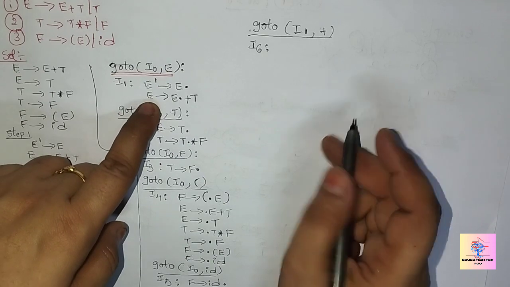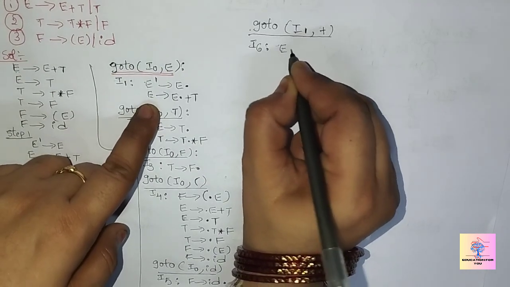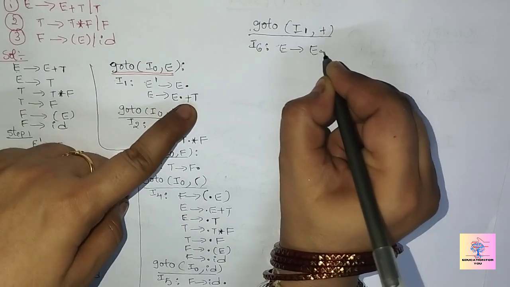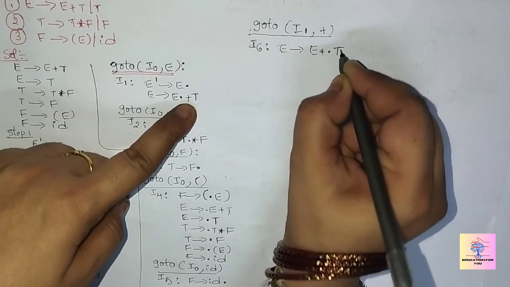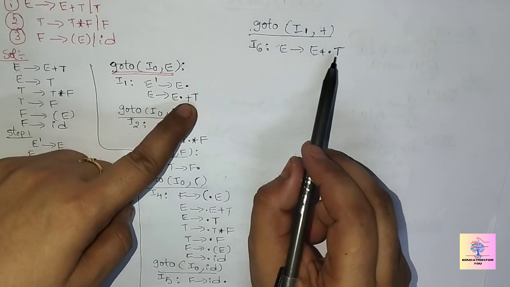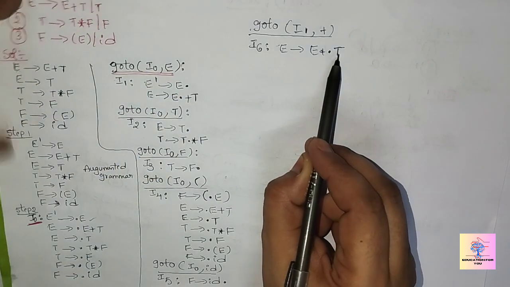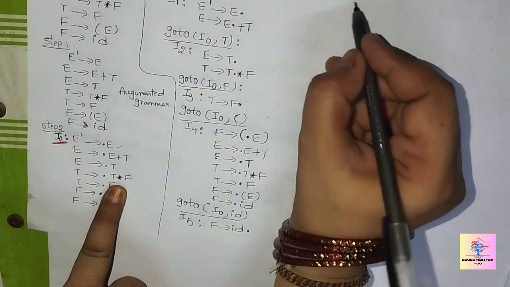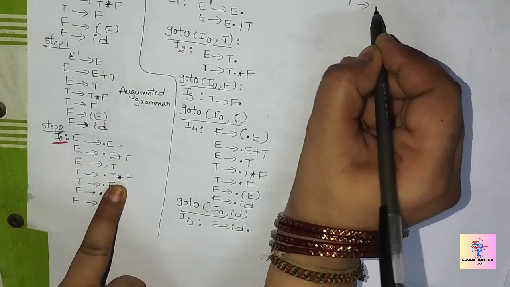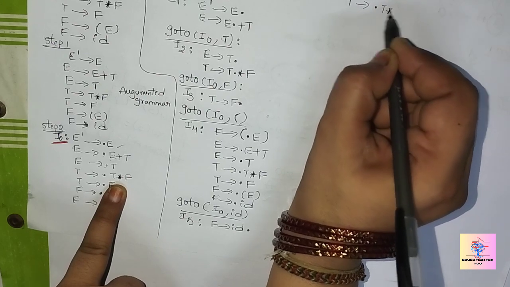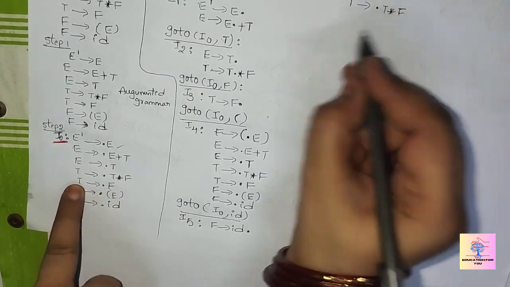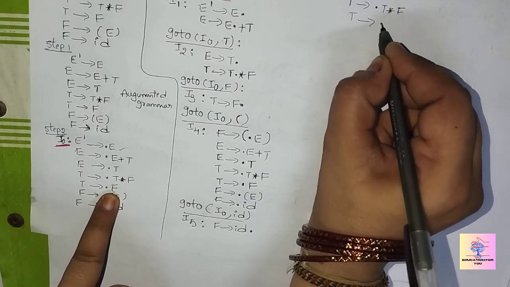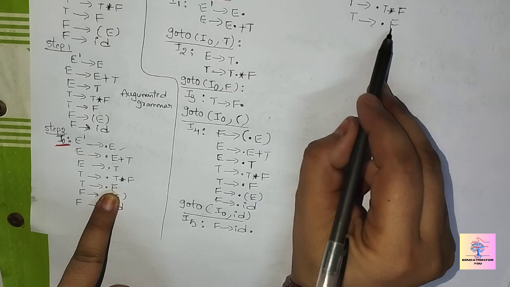So what is there here? E is going to produce E plus dot T. If you observe, after the dot T is there. Are there any T productions? Yes, T productions are there. What are those? T is going to produce dot T star F, and T is going to produce dot F, and F is also there here.